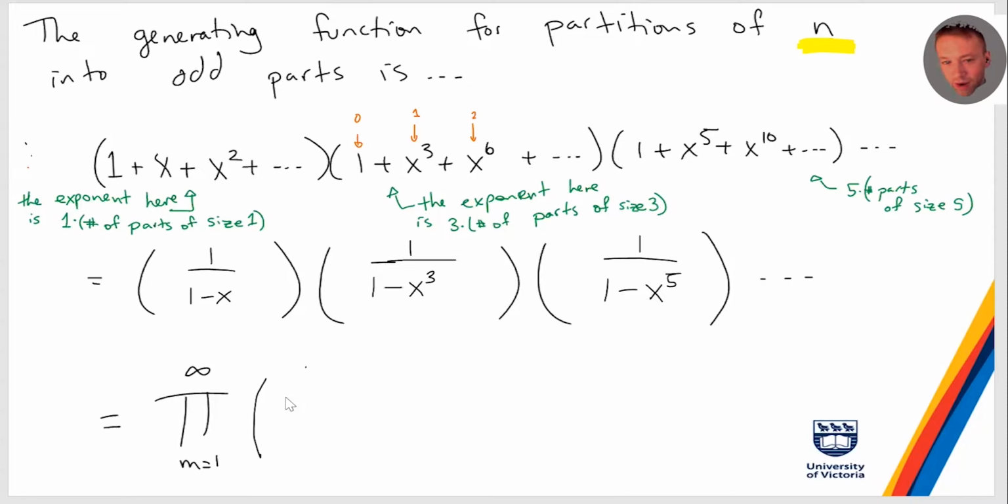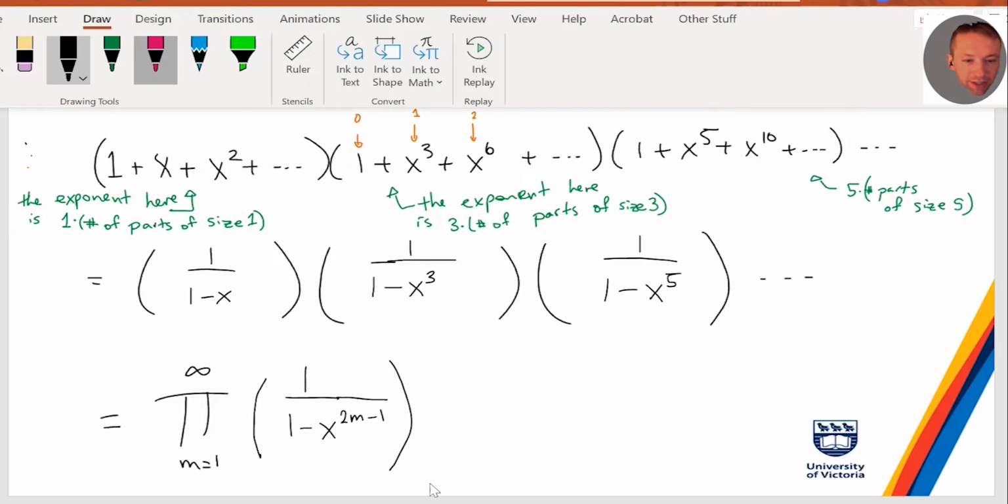And so this is the product from m equals 1 to infinity of 1 over 1 minus x to the, let's call it, 2m minus 1, right? So if you think about m equals 1, that gives you an exponent of 2 times 1 minus 1, which is 1. m is 2 gives you an exponent of 3, and then 5, and then 7, and so on. Okay, so this is the generating function of the number of partitions into odd parts.